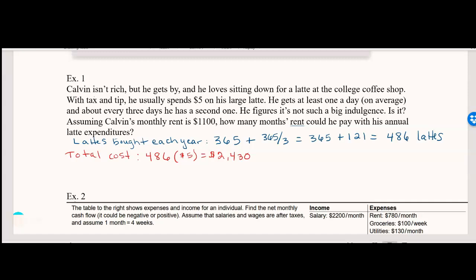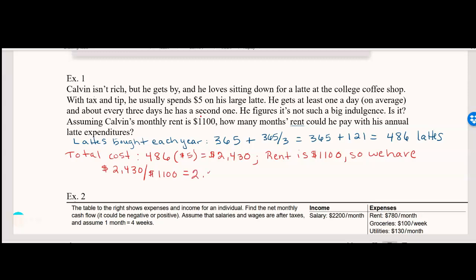Well, now let's talk about this. Rent is $1,100, right? That's what it said, $1,100 per month. And so we have, let's take the total cost, $2,430 divided by the rent. Because what this is going to give us is how much rent he could pay with that latte expense.